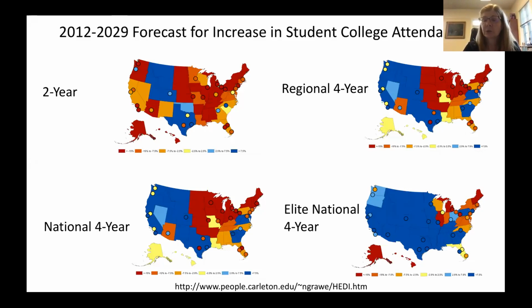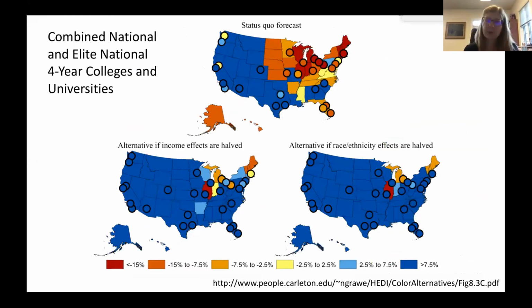4-year school. What's compelling about Nathan's work is he built a model and said, okay, what if we then, and this is on the left-hand map here, what if we halved the effect that income was having on who goes to college? And then over here, what if we halved the effect that race and ethnicity are having?